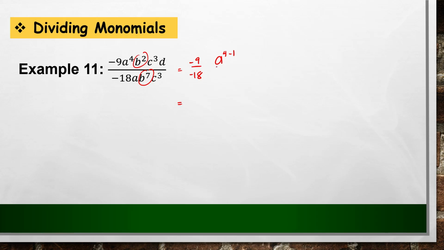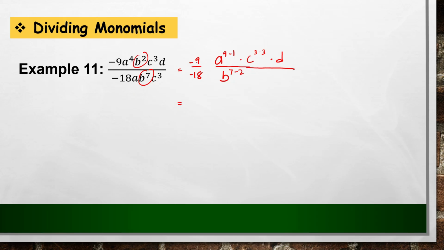If you see that kind of problem, you will still subtract them, but the b will remain in the denominator. So it'll be 7 minus 2. For c, since they are the same, I'll just put that on top, 3 minus 3. And there's no d in the denominator, so I'll just write the d here on top.